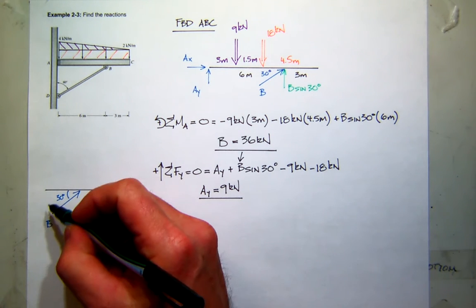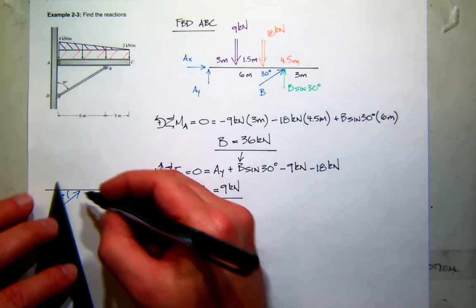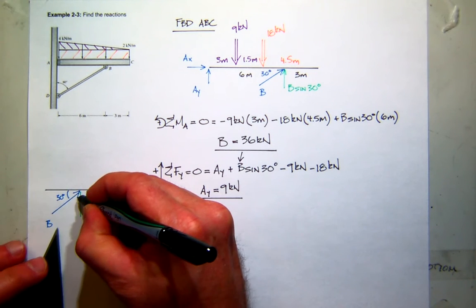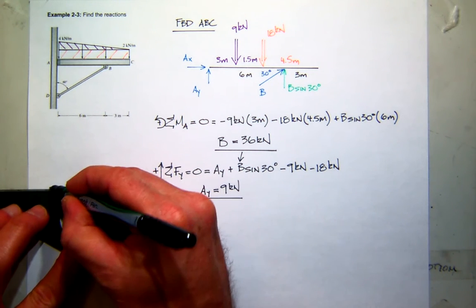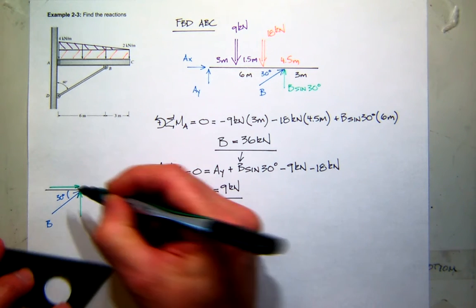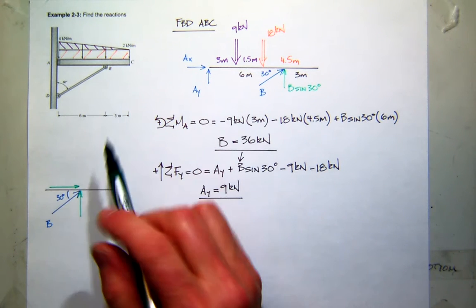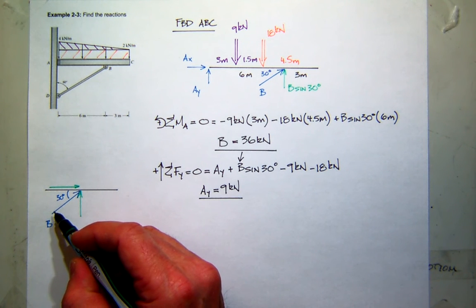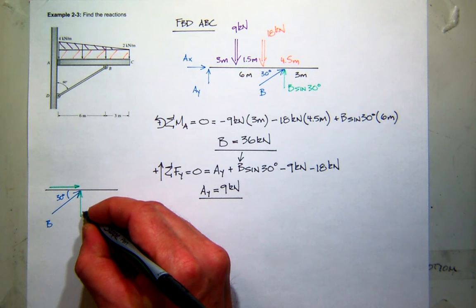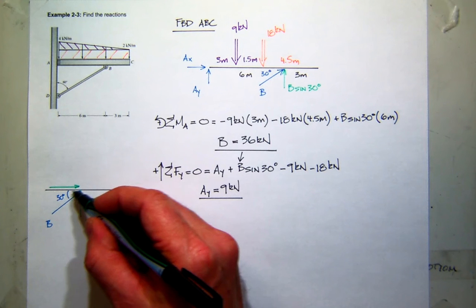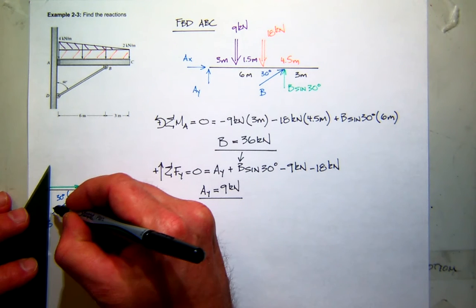I think it's always easier to break a force down into its X and Y components, because it makes finding the moment arms a lot easier. So I want the Y component. When you're looking at the triangle, that Y component is this side.